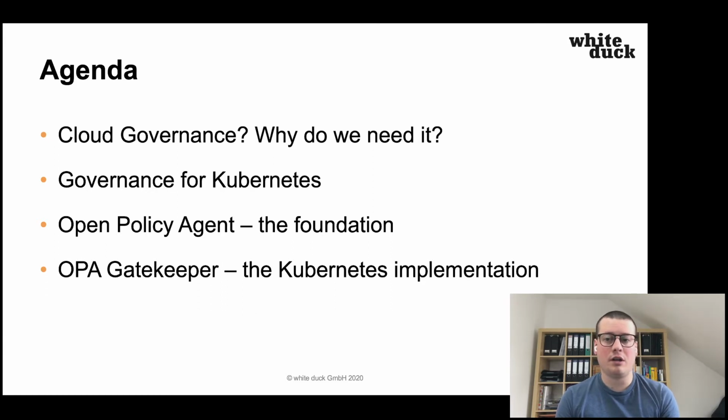The whole talk will be based on Open Policy Agent. So I will briefly introduce you to the policy agent itself, and then head over to the Kubernetes integration, which is called Open Policy Agent Gatekeeper. After the brief introduction, we will deep dive into Open Policy Agent Gatekeeper, and I will show you some live demos of how these things work.